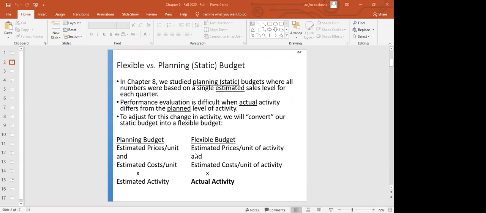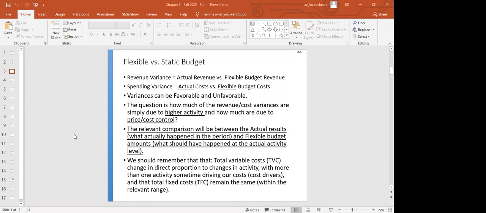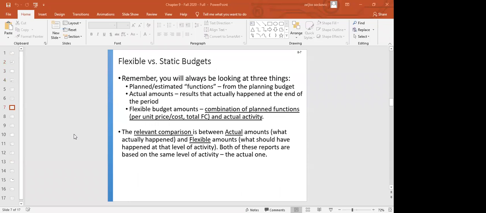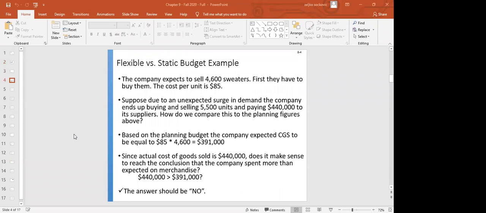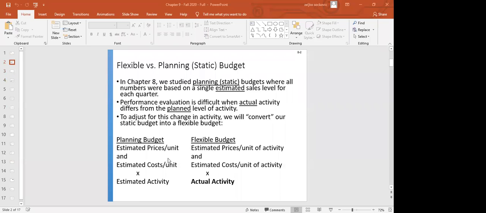But the way to think about flexible planning, about this chapter, I should say, when you start working on problems, is again to develop some kind of method and way to go about this.